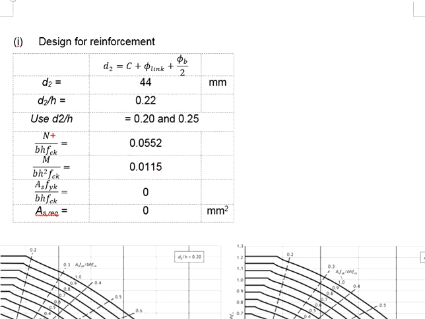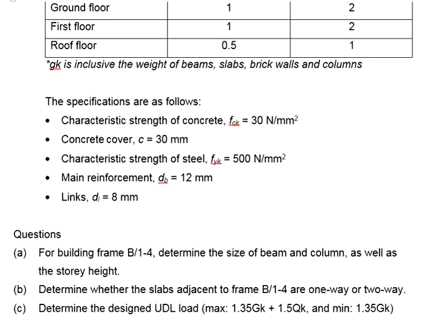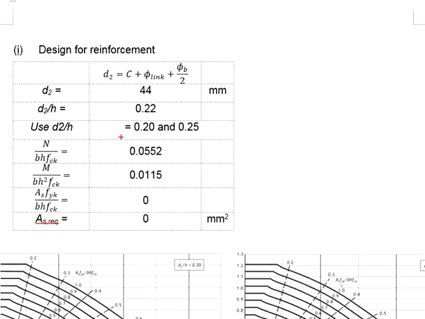NED is 66.24. BH represents the column size, 200 times 200. FCK represents the concrete strength, which in this question is equal to 30 Newton per mm square. The calculated value equals to 0.055.